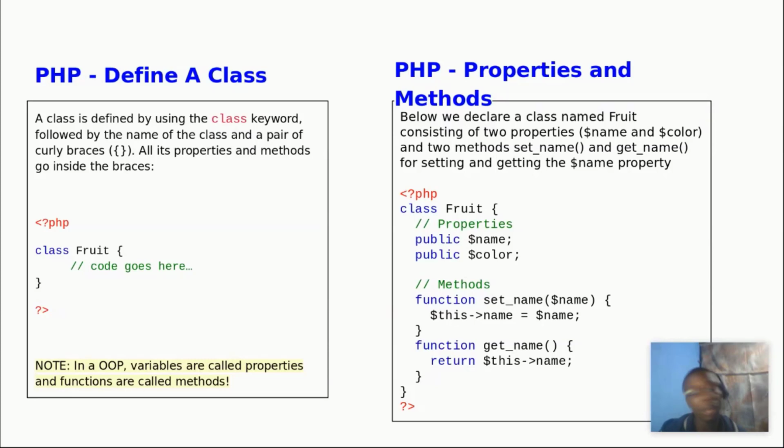Now, I'm trying to link the procedural programming that we did before to object-oriented programming. When we talk of variables in procedural programming, when we come to object-oriented programming, we liken those variables to properties. And when we talk of functions, we liken those functions to methods in object-oriented programming. Now, let's talk about properties and methods, right? We talk of properties as the attributes of a particular class, what the class has.